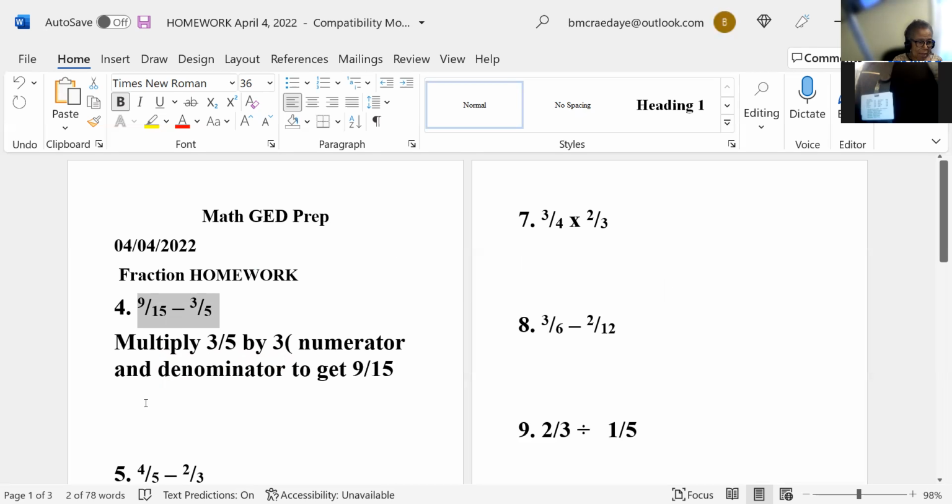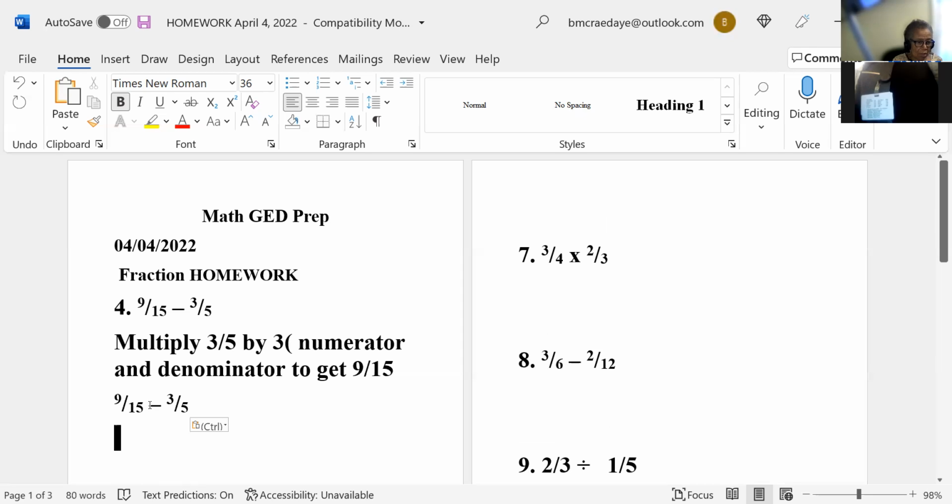You just converted that 3/5 to 9 over 15. So this 3 would be a 9, and the 5 would be a 15. So what's 9 over 15 minus 9 over 15?